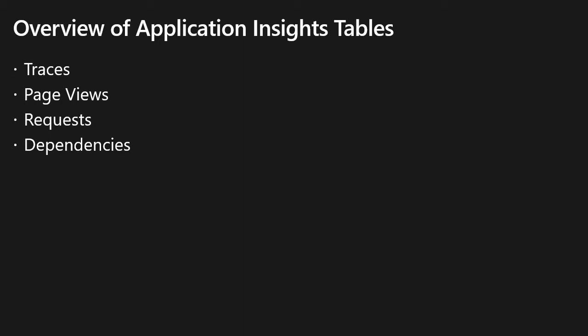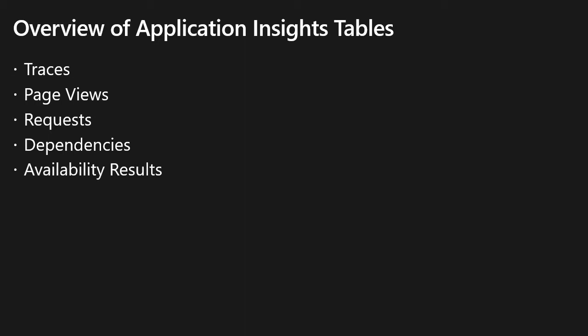So the dependency will have an operation ID. That operation ID will be unique for that dependency, but you'll have an operation parent ID, which you can then use to go back up to the request. As well, you'll start looking at the session ID, which will give you the unique session that a user was in within the UI.